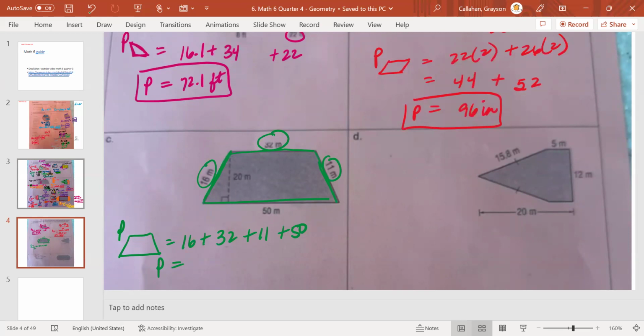What do you have? 109. 109 meters, right? Okay, let's take a look at D.